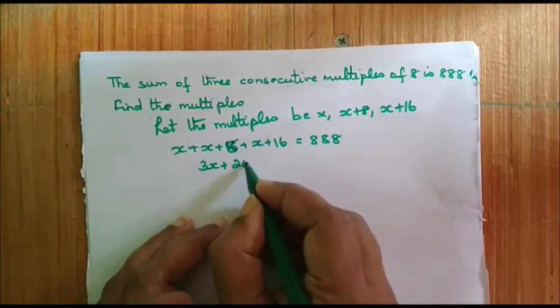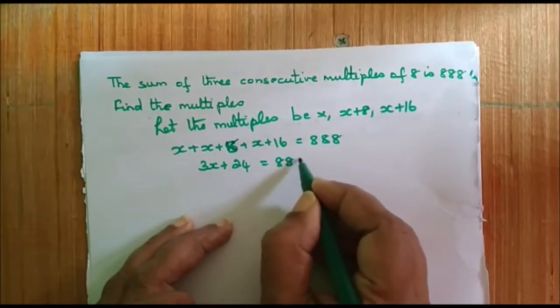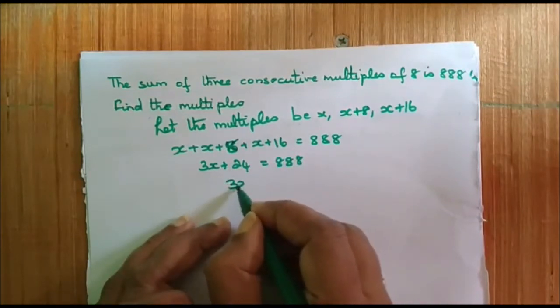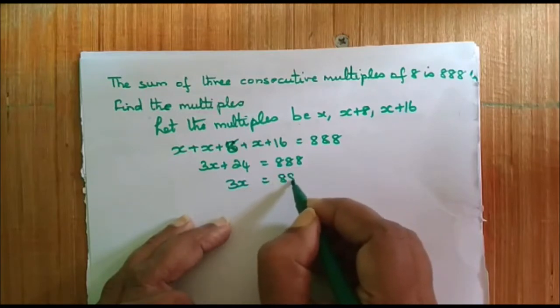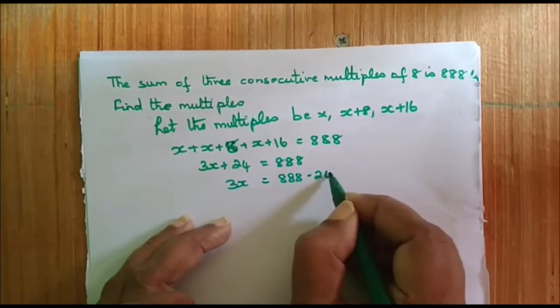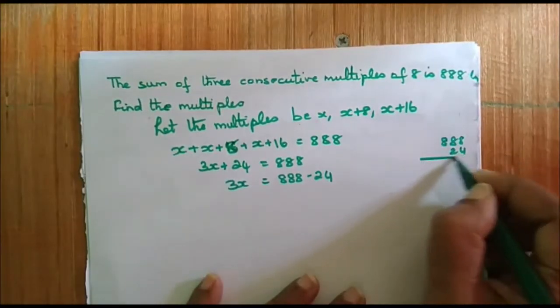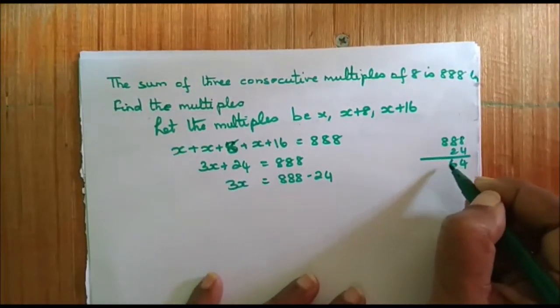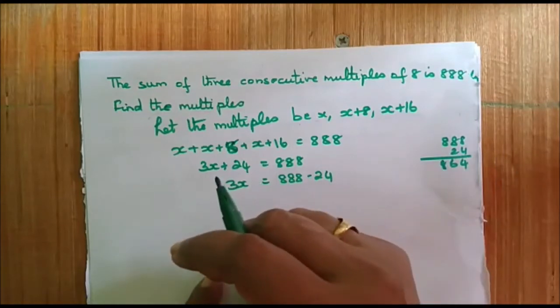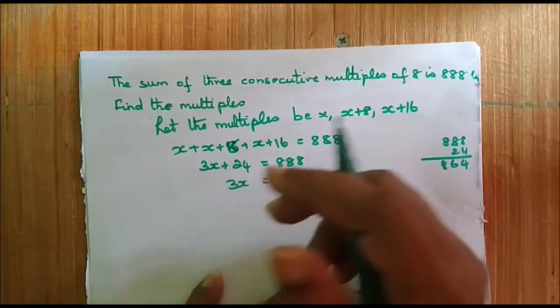It is 24, equals 888. In other words, 3x equals 888 minus 24. Now when I subtract 24 from 888, what do I get? I get 864. I hope you understood how I subtracted it.